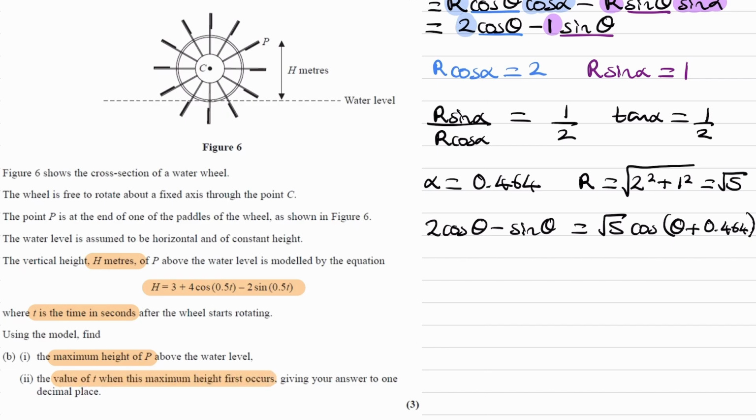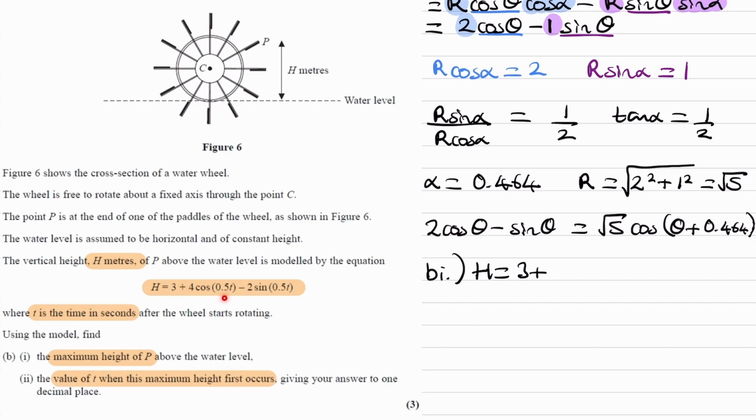Alright, so let's start with B part 1. We want to work out the maximum height of P above the water level. So we can rewrite our equation. What we have over here, the 4 cos of 0.5t minus 2 sine of 0.5t, is pretty much the same as what we have here, but it's off by a factor of 2. Here we have 4 cos, here we have 2 cos, and minus 2 sine, just minus 1 sine.